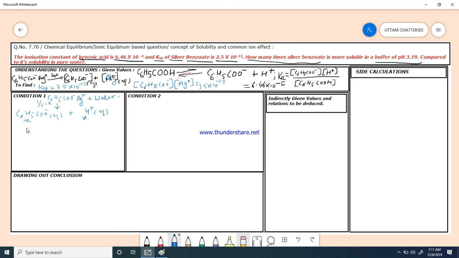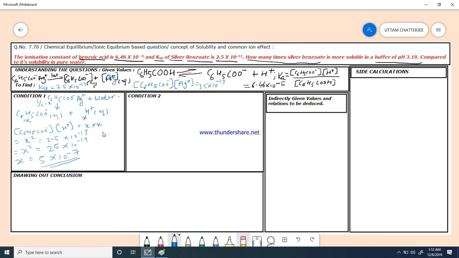So if X is the solubility of the benzoate and X is the solubility of Ag plus in the saturated solution, then the product is X into X, which is X square, and its value is given to be 2.5 × 10 to the power minus 13. To make our calculation easy, we will consider X square equal to 25 × 10 to the power minus 14, such that X becomes root of 25, which is 5, and square root of 10 to the power minus 14, which is 10 to the power minus 7. As easy as that, half of the problem is done.